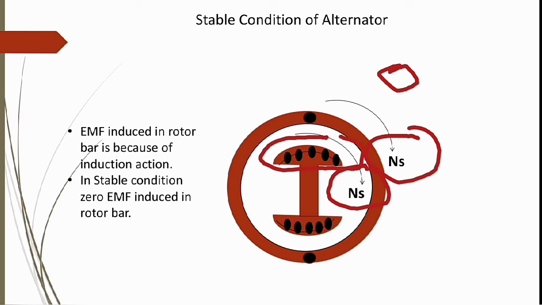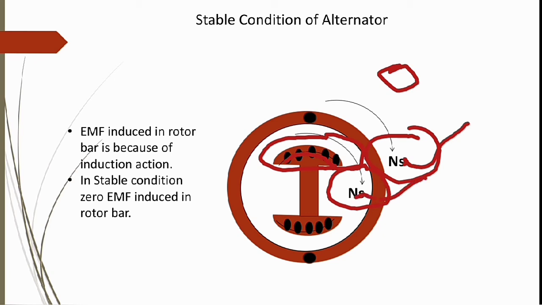The damper winding is short circuited and behaves like an induction machine. All the EMF is generated due to the difference between the stator rotating mmf and the rotor rotating mmf.